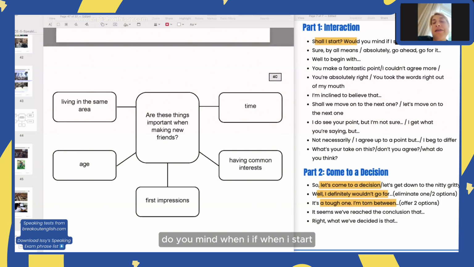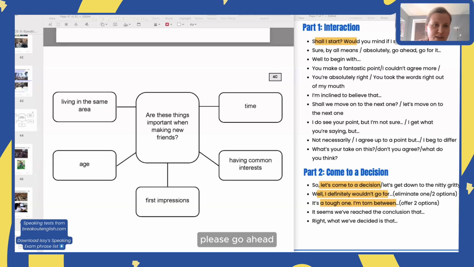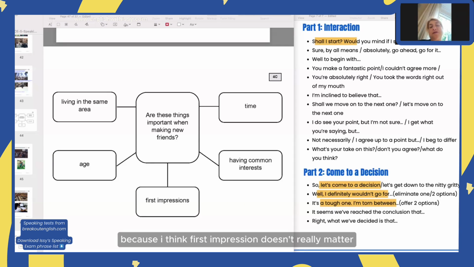Do you mind when I start, Gosia? No, please go ahead. Because I think first impression doesn't really matter, because what really matters is what you are building up in your relationship.